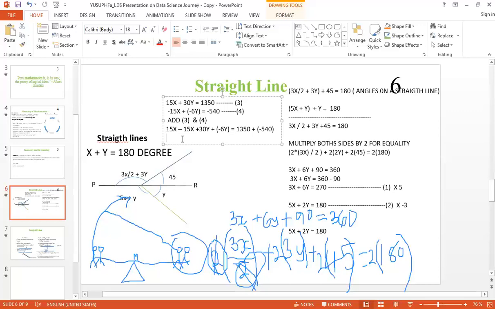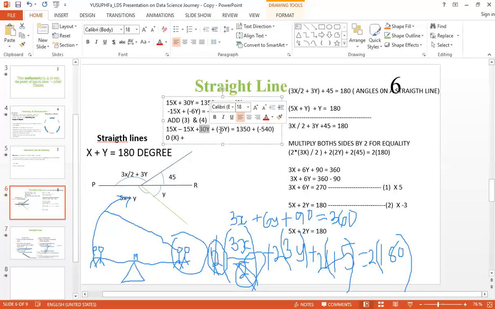Nothing will be left. Do you understand? So 15x minus 15x is equal to 0x, and 0 times anything is equal to 0.